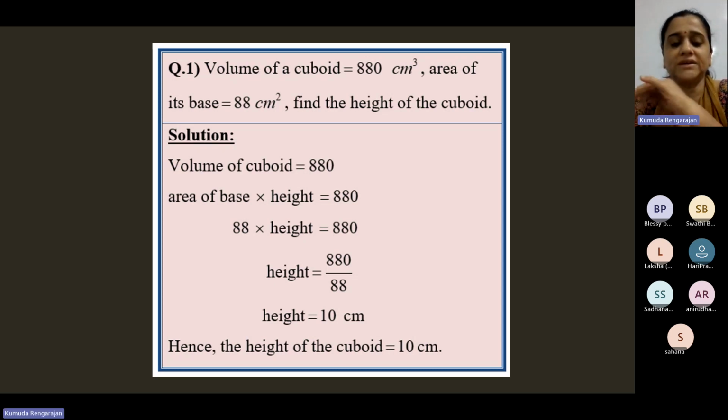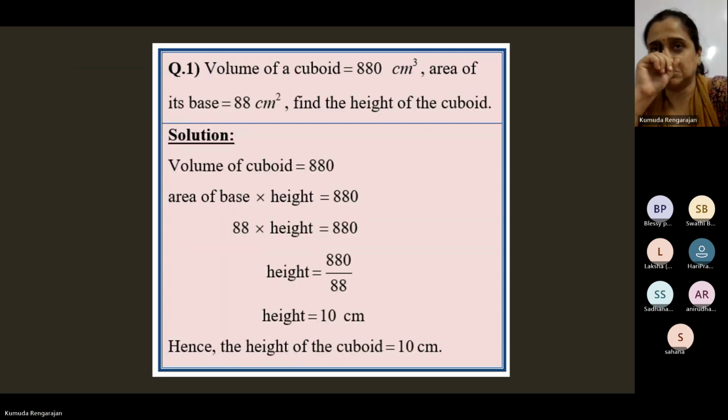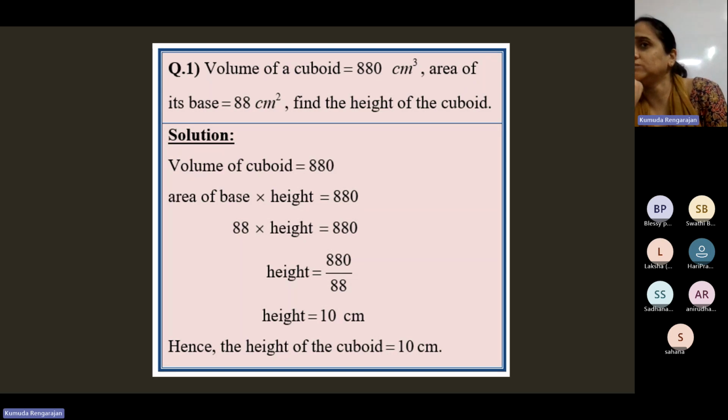So volume is 880, area of base into height is 880. 88 into height is equal to 880. So height is 880 by 88, 10. Done? Finish writing, all of you? Okay, next one.